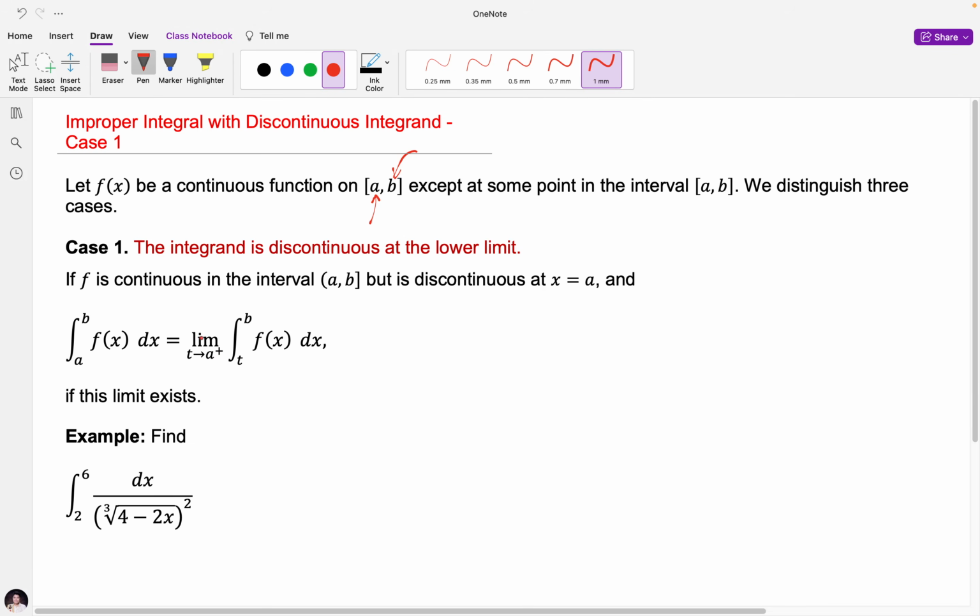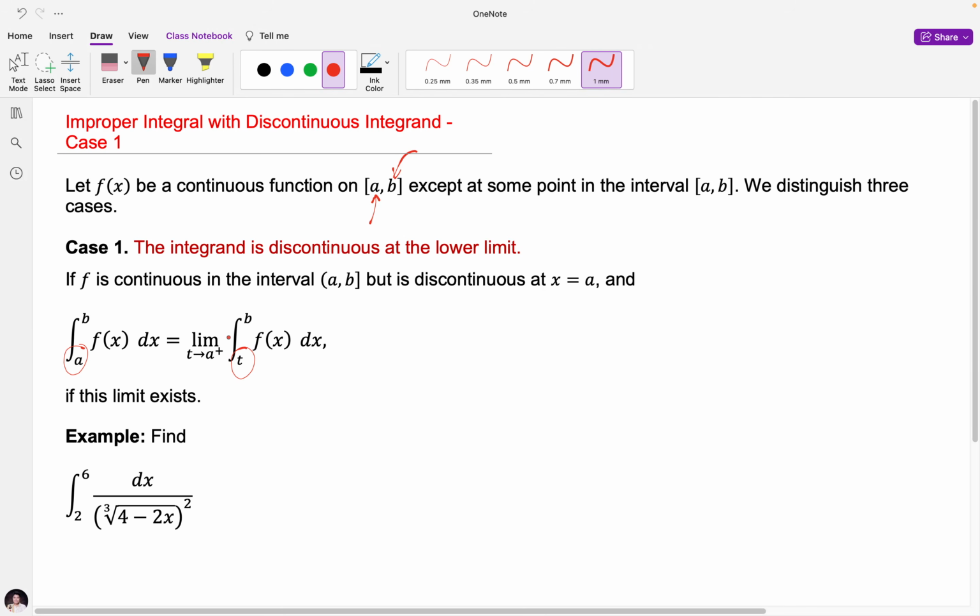So we replace a by t and evaluate the limit. If the limit exists, then we have a convergent integral. If the limit does not exist, then the integral is divergent.